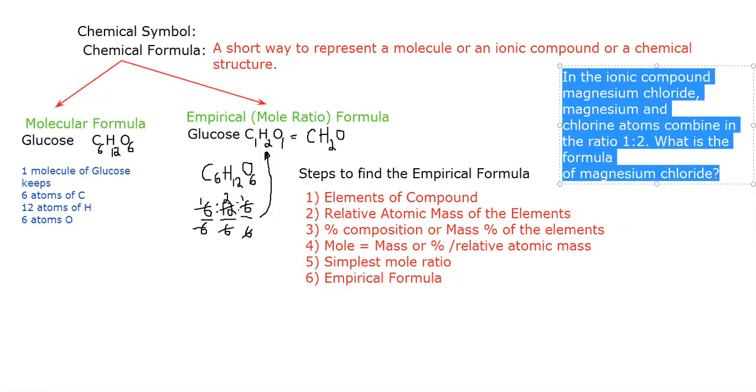This is one of the examples of how to find the chemical formula of a substance with the help of these steps.